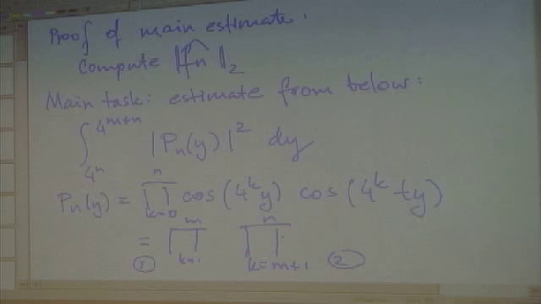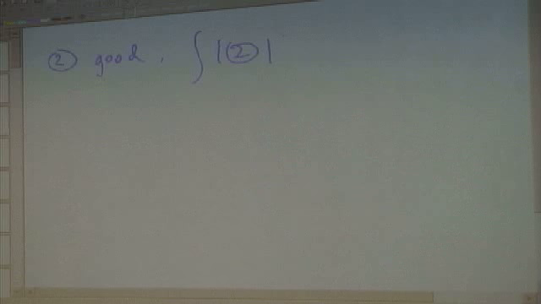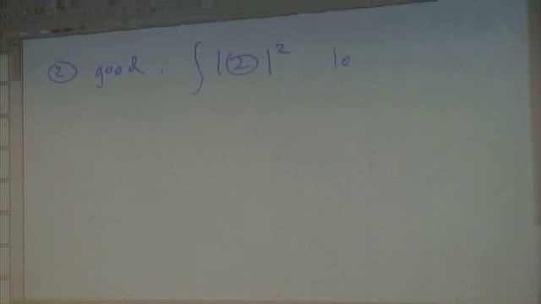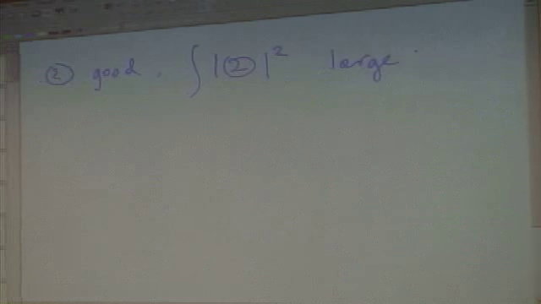This is going to be the high frequency part, and this is the low frequency part. For the high frequency part, they can prove that this is good, and that the integral of the square of that is large. That uses something they call Salem's trick.